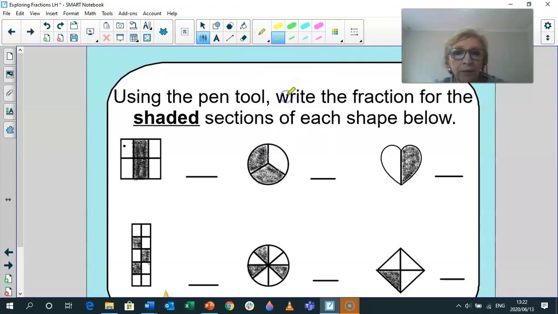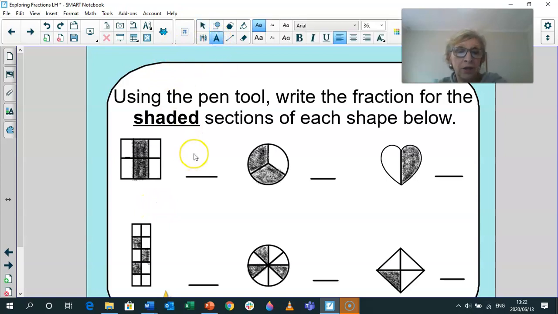Okay. Let's have a look. We have got 6 equal parts here, grade 3s. Do you see that? And 2 out of the 6 are shaded. So I'm going to write it correctly down here, which is 2/6, of course.